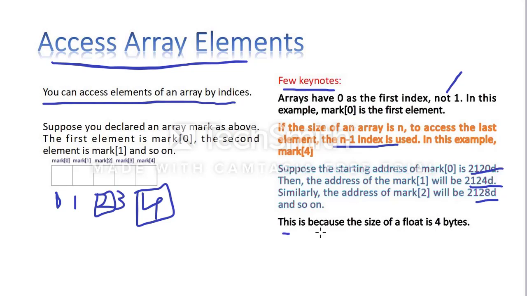This is because the size of a float is 4 bytes.